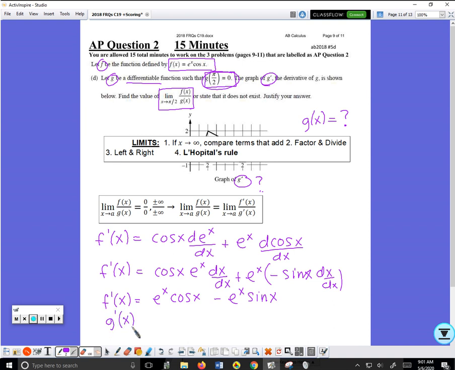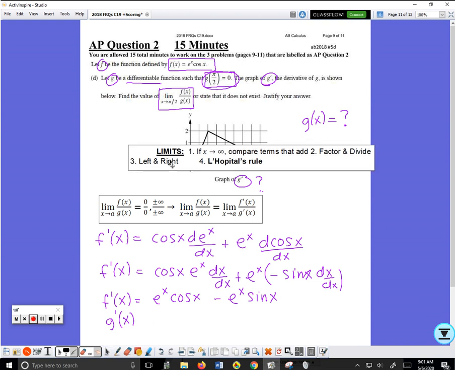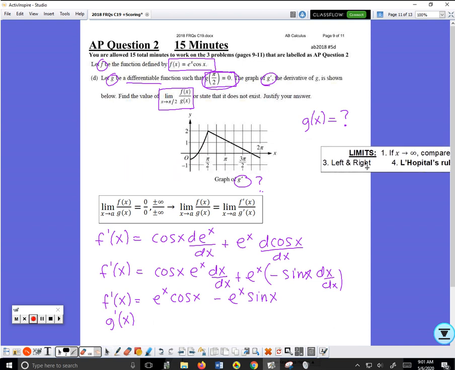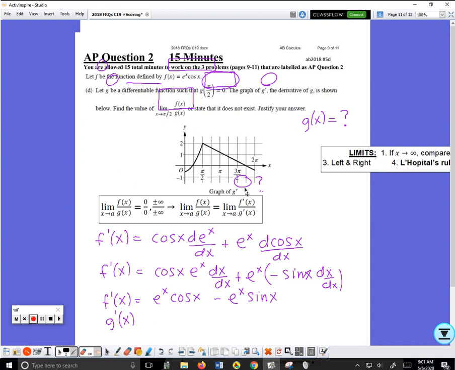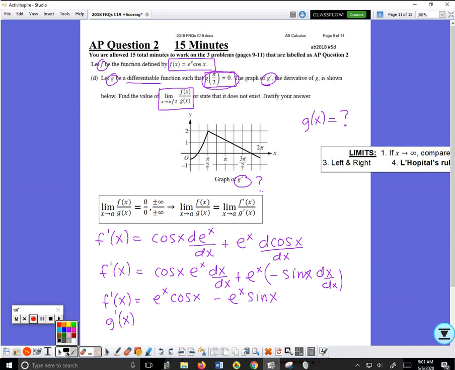That now makes some sense why they gave me the graph of g prime right here. So I'm going to need this, and I need to copy this over and get some more space again.